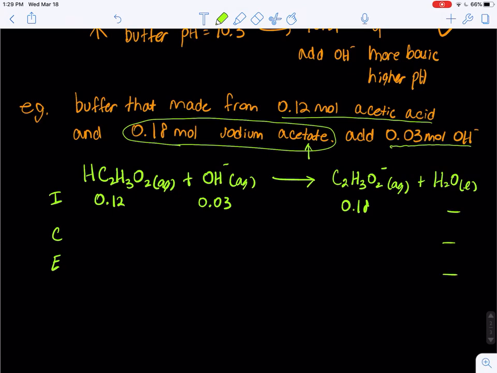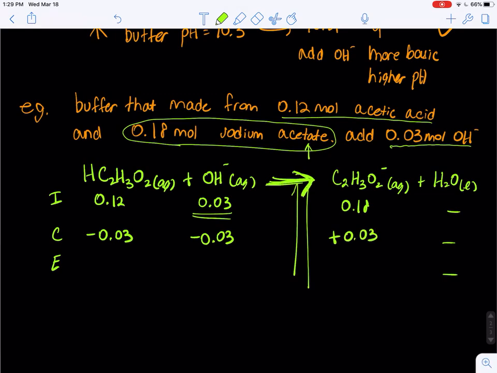This value here is the limiting reactant, so this is going to all go away. Okay, the reactants go away, and there's a reaction from left to right. That's why I like to use this arrow here, because we know which way this reaction is going. So minus 0.03, minus 0.03, and on the right we put plus 0.03.